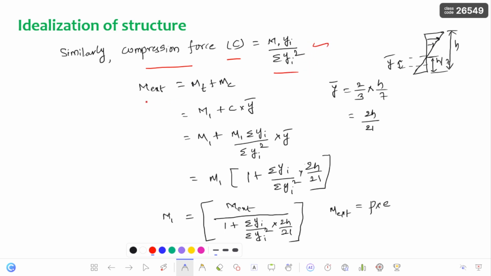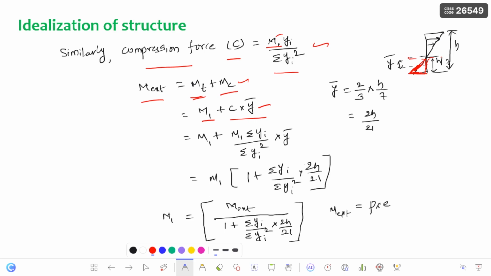I already told that the external moment which is developed is nothing but the summation of tension moment plus compression moment. So the tension moment which I already explained is nothing but M1, and the compression moment is nothing but compression force into the lever arm, that is Y bar. Here you can see this is the force triangle of the compression force. From the neutral axis, the centroidal distance of this compression triangle is the lever arm.